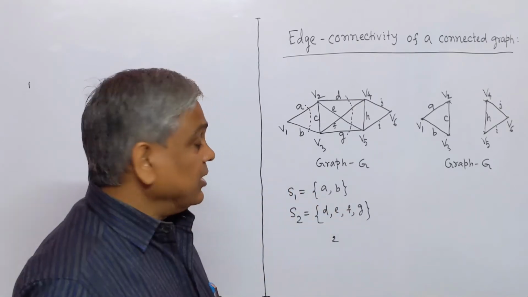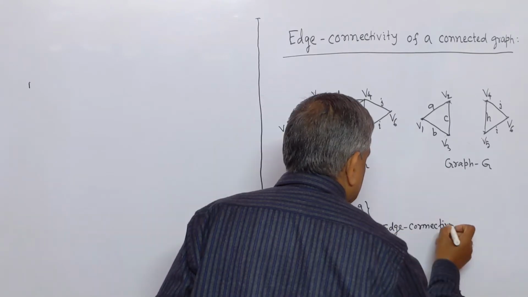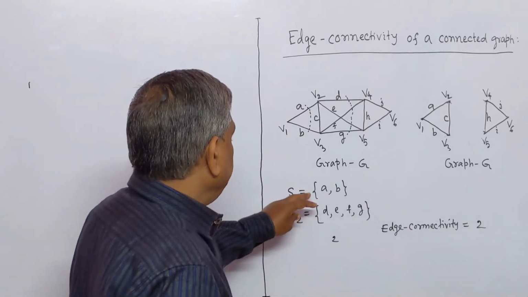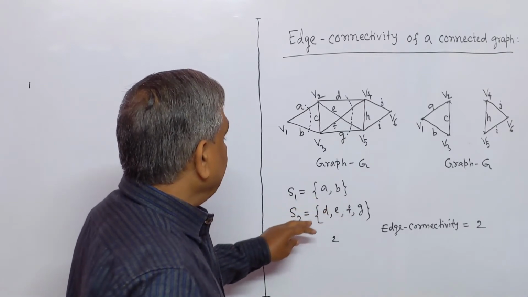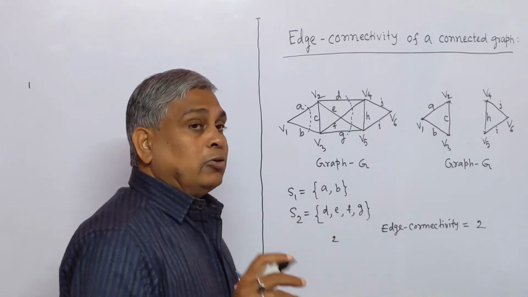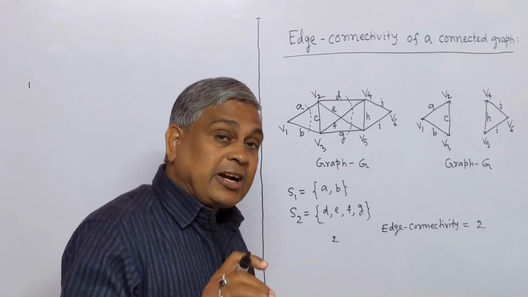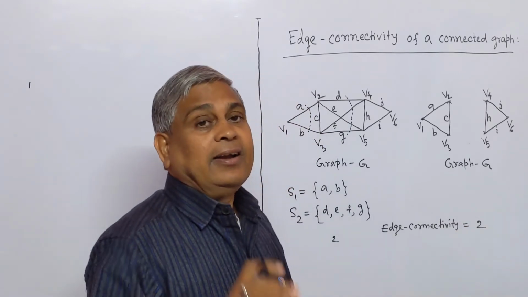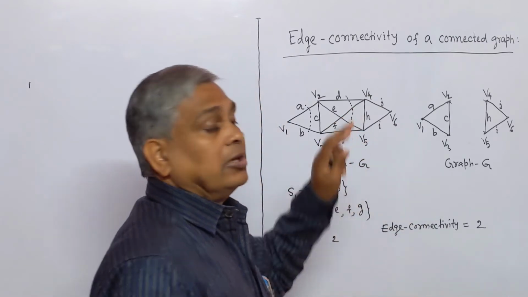Then we say that the edge connectivity is equal to 2. The first cut set S1 contains 2 edges and other cut sets contain 2 or more than 2 edges. So the smallest cut set contains 2 edges and this 2 is called edge connectivity of the graph G.